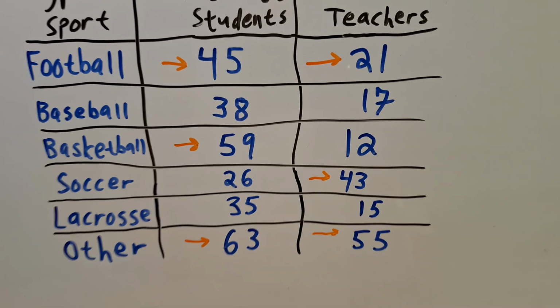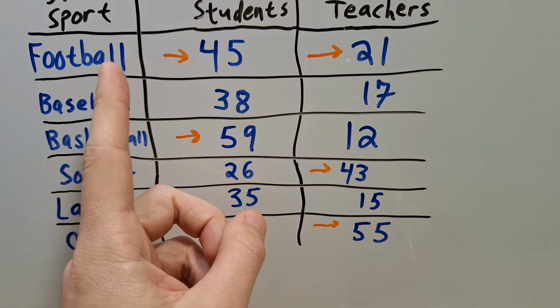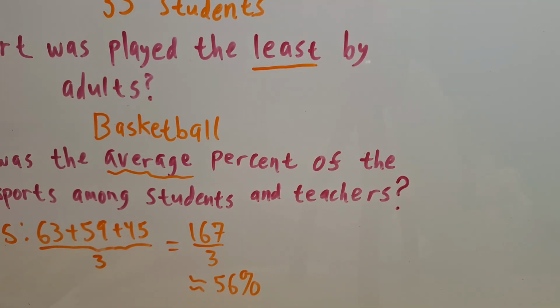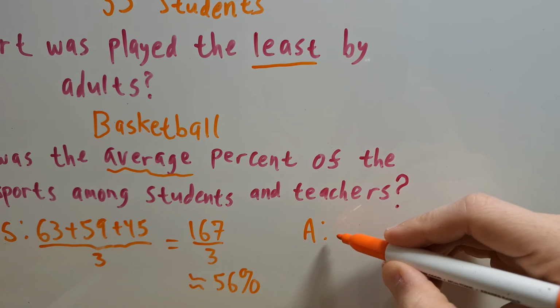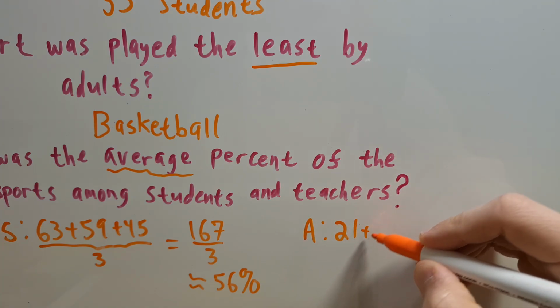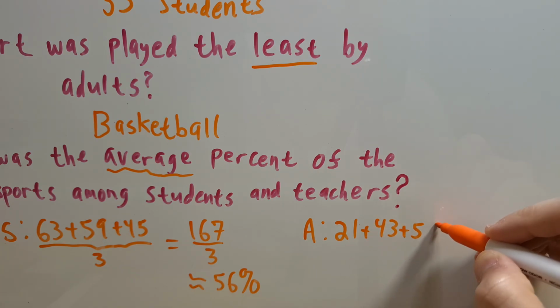If we look at the numbers for the adults, or teachers in this case, top 3 sports were football, soccer, and other. So let's go ahead and calculate that one next. Those numbers were, I'll label this A for adults, 21, 43, and 55.